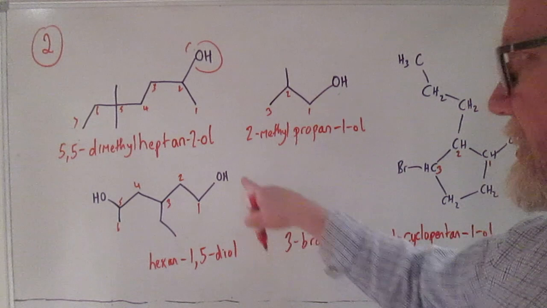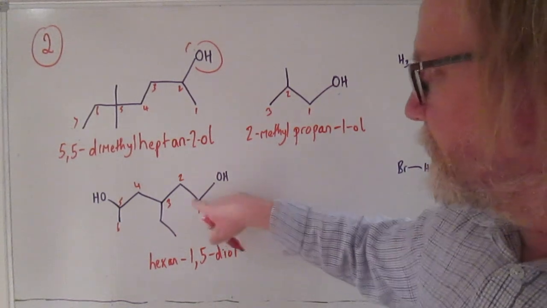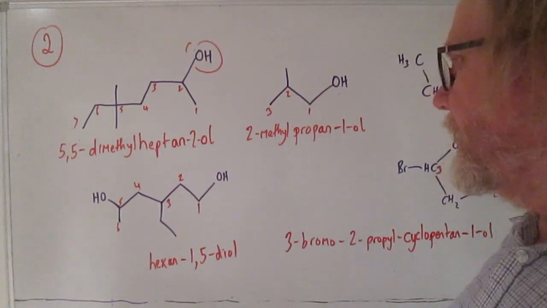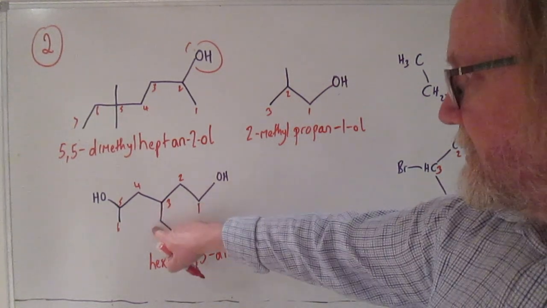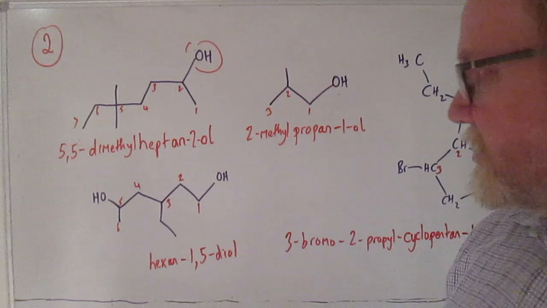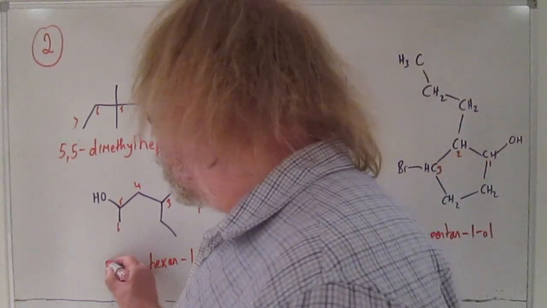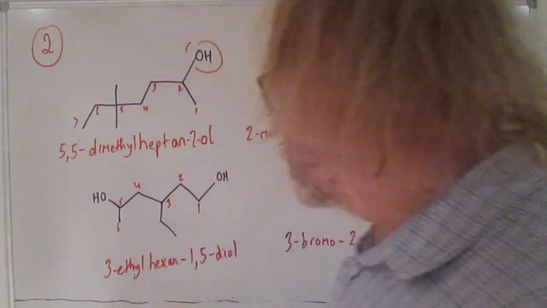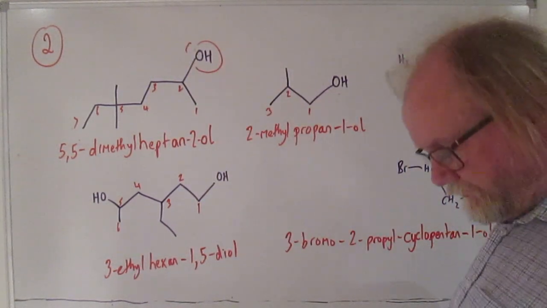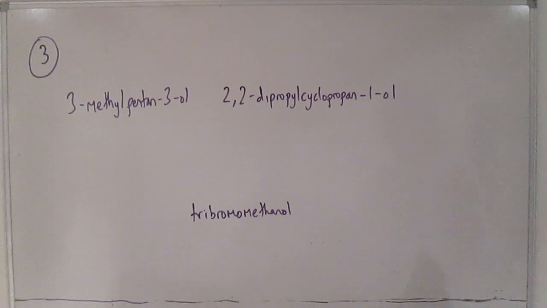Okay, so diol means 2 OH groups, 1 attached to carbon 1, 1 attached to carbon 5, hexan 1,5-diol. The only other thing it has is the 2-carbon branch attached to carbon 3, so it's 3-ethyl, hexan 1,5-diol.